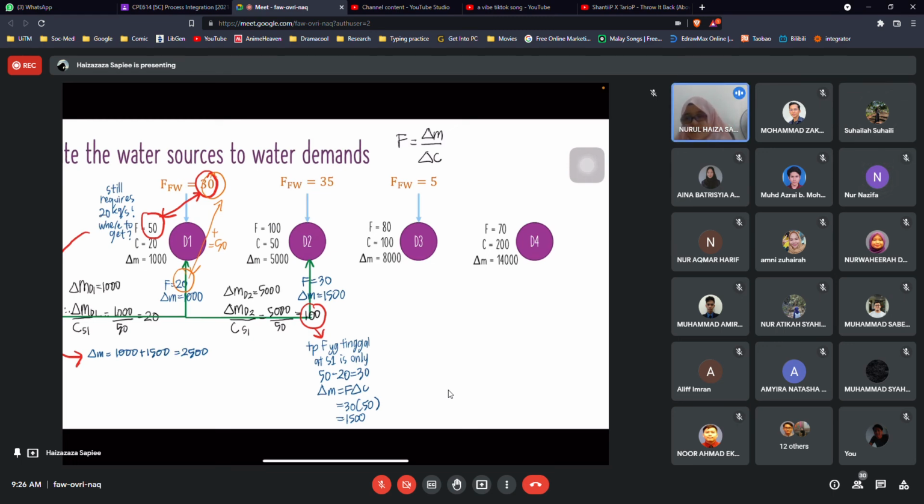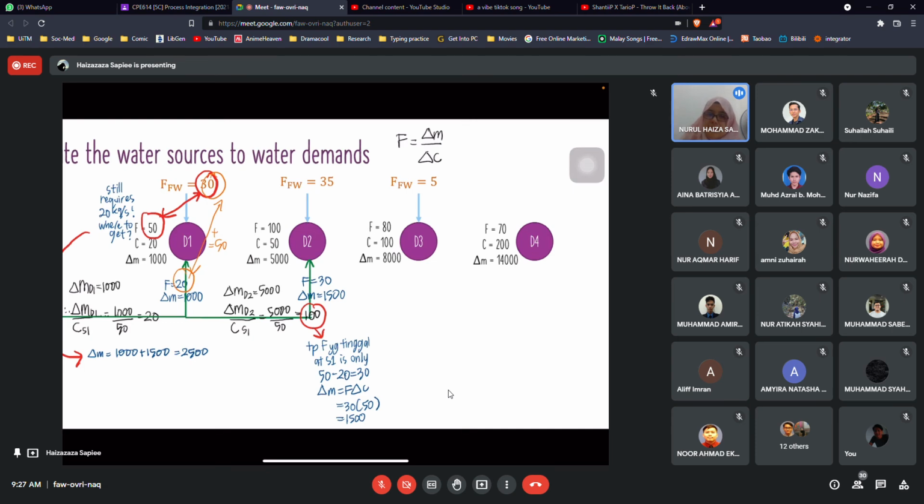What does delta M mean? So delta M means the amount of particles that can be in your water for it to accept. So di tahap kekotoran air lah, in easy words kan. So D2 can accept a dirtiness of delta M equals to 5000. Okay, which is milligram per second.